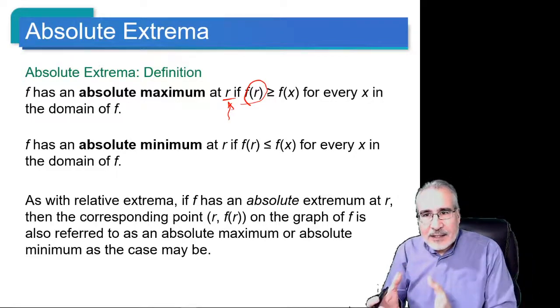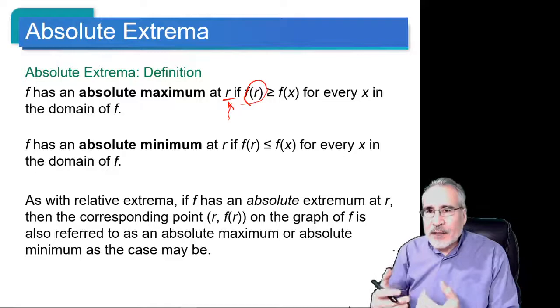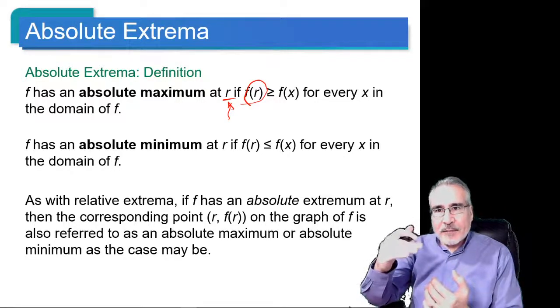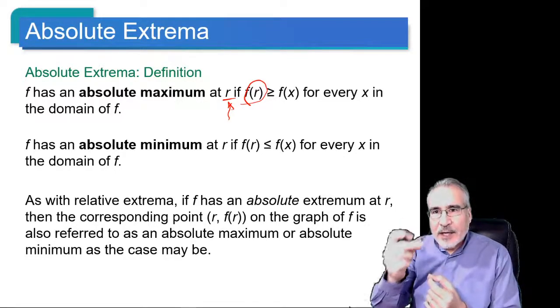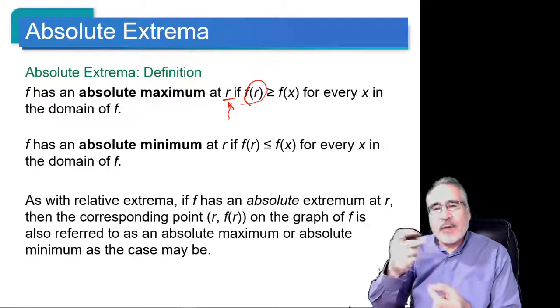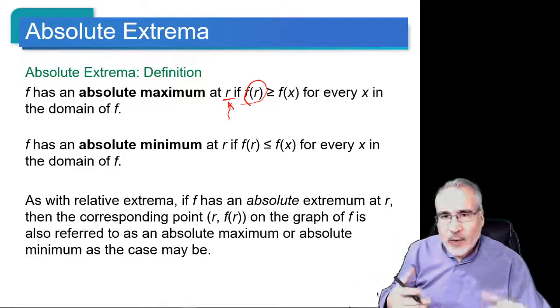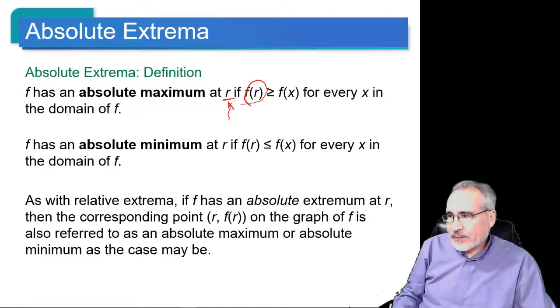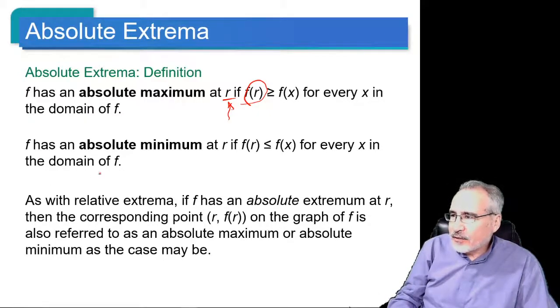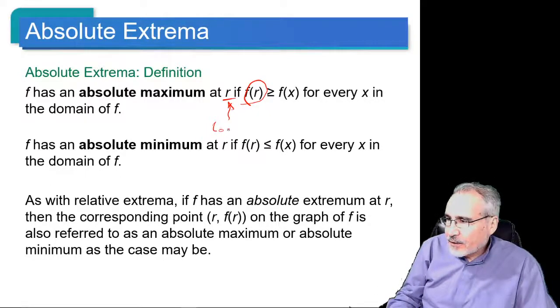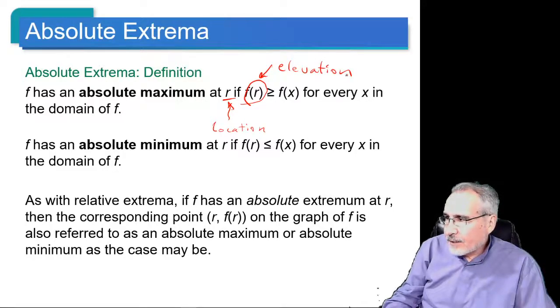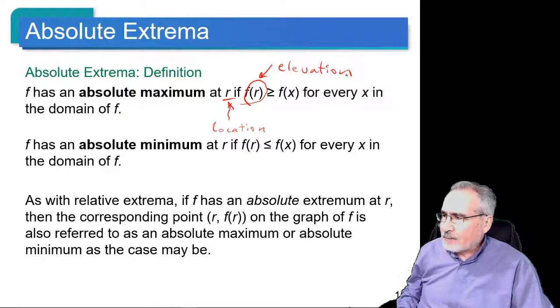We're trying to compare x values when deciding on a maximum or a minimum. We're really comparing the y values, but we report it by telling the x value that it's at. Okay, because the x value gives us location. The y value gives us elevation. So that's how we want to think of that.